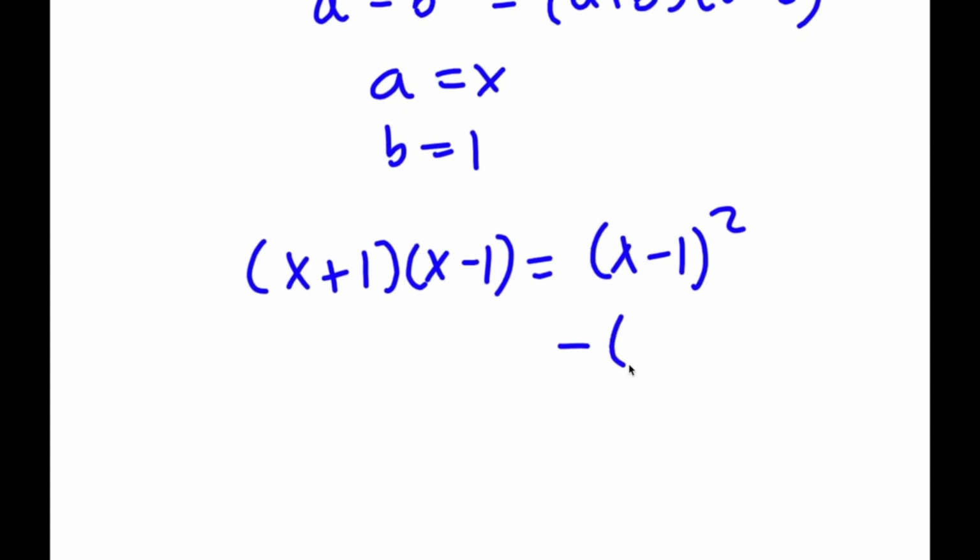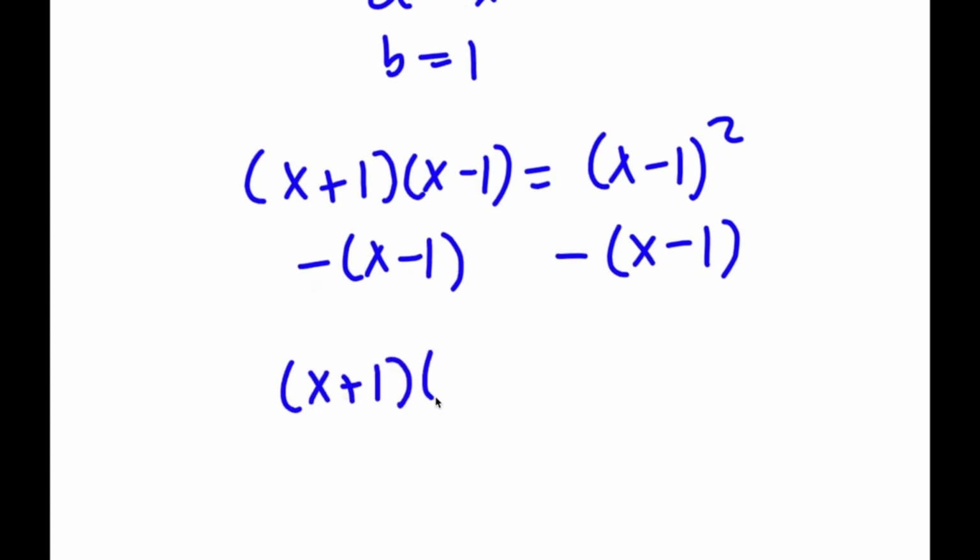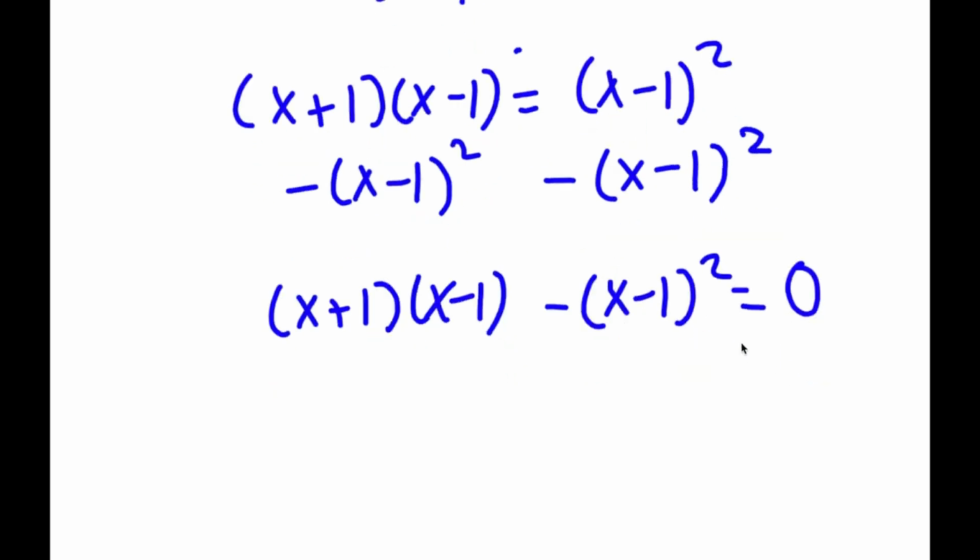Now, if I subtract (x minus 1) squared from both sides, I get (x plus 1) times (x minus 1) minus (x minus 1) squared is equal to 0.